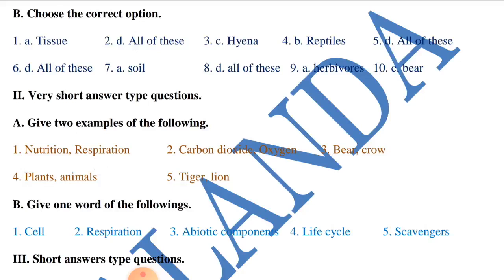Waste given out by plants: carbon dioxide and oxygen. Omnivorous animals: bear and crow. Biotic components: plants and animals, living things. Secondary consumers are carnivorous animals like tiger and lion.